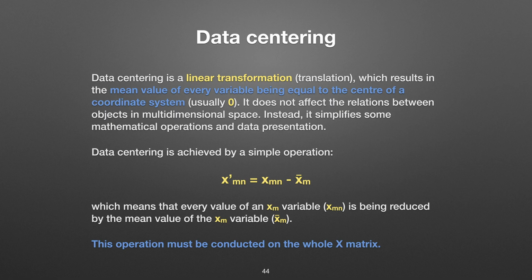What it does is simplify mathematical operations and make data presentation more convenient. Mathematically, each value is transformed by subtracting the mean of its variable. So every value of variable x sub m becomes x prime sub mn equals x sub mn minus x bar sub m. So centering does not rewrite the story, it just moves the whole story so that 0 sits in a more useful place.